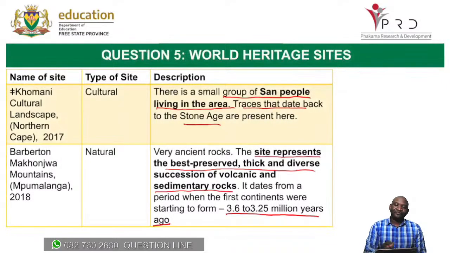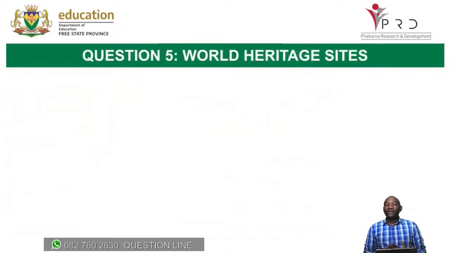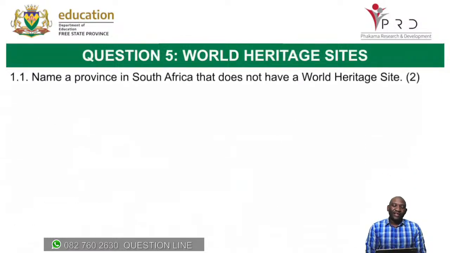Right, as we are moving on, I'm just going to give you a little test, and we're going to do it together. I'm not going to give you time out, but we are going to complete this task together. The first question goes: name a province in South Africa that does not have a World Heritage Site.